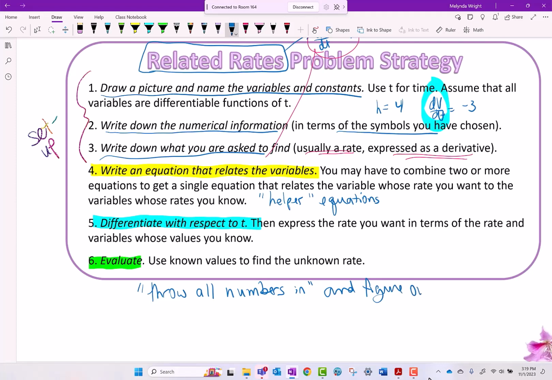If we're missing anything, we might not be. We figure out what is missing, then we go find it. What do I mean by go find it? Go find it in the word problem. It might be disguised somewhere. You might have to do a calculation to find it. There will be other ways to find it.